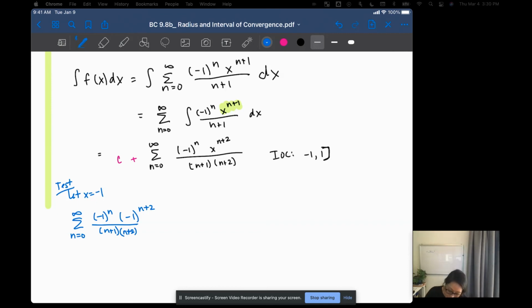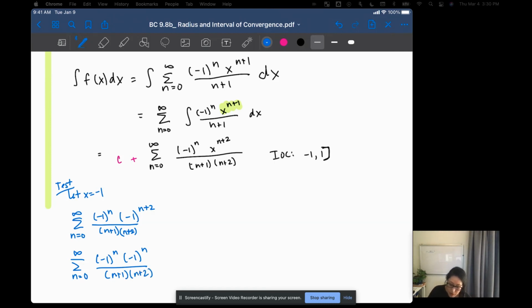Okay, so we simplify. n plus 2 and n are basically equivalent. They're either both going to be odd or both going to be even. So I can rewrite this as (-1)^n times (-1)^n over n plus 1 times n plus 2.